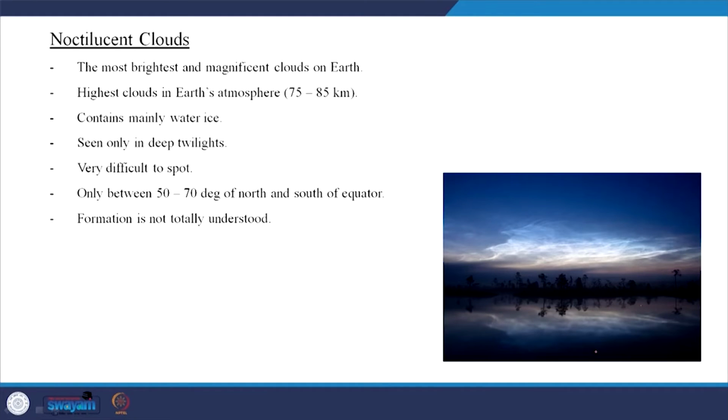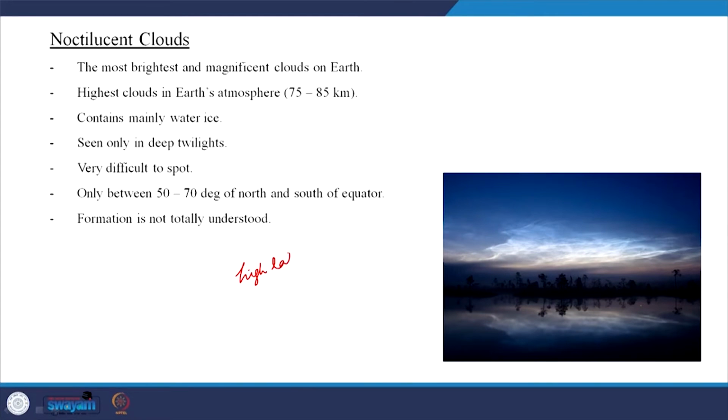Twilight is a period of time when the sun is below the horizon, and still you will find illumination. And they are very difficult to spot. The sightings are very rare, and they occur only between 50 to 70 degrees north and south of the equator. So they are the clouds which will form in the high latitudes.